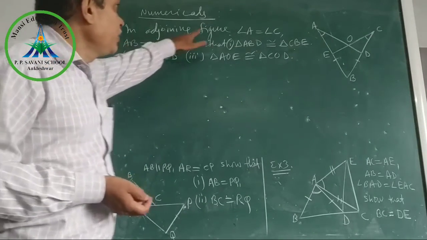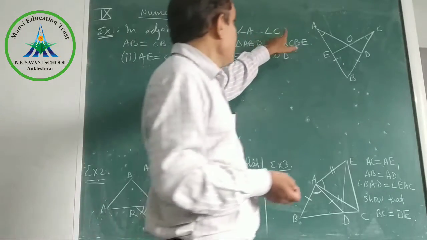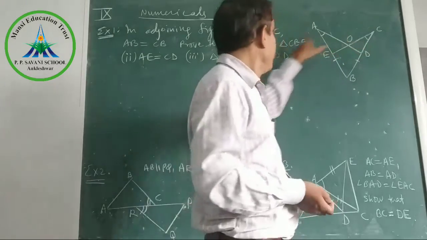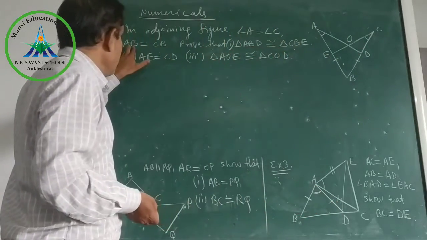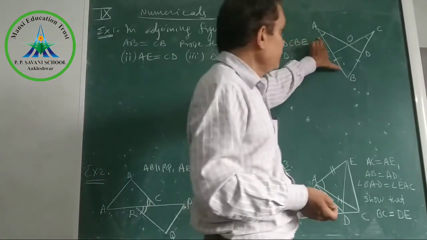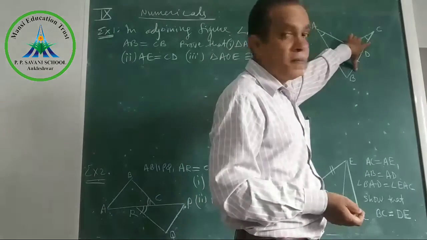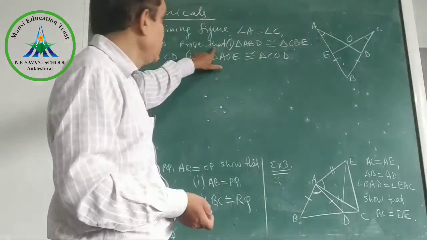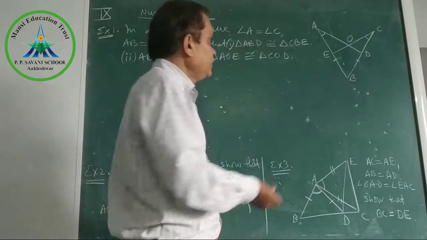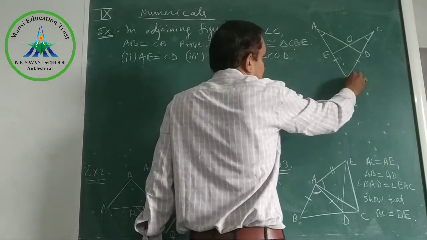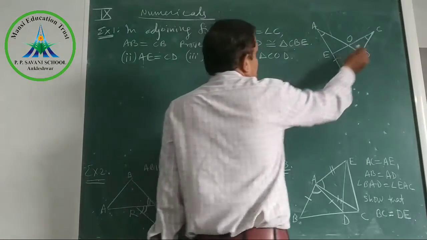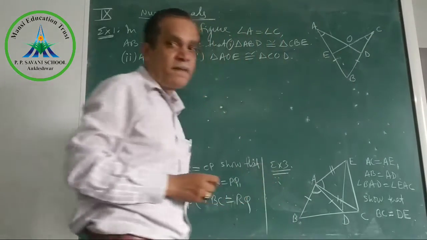See in the adjoining figure, angle A equal to angle C, AB equal to BC. Then prove that triangle ABD is congruent to triangle CBE, right?